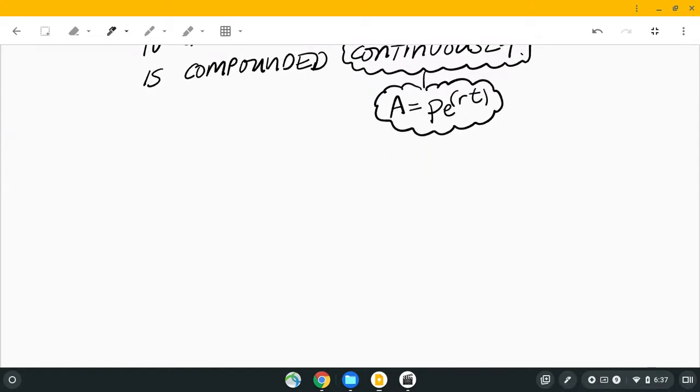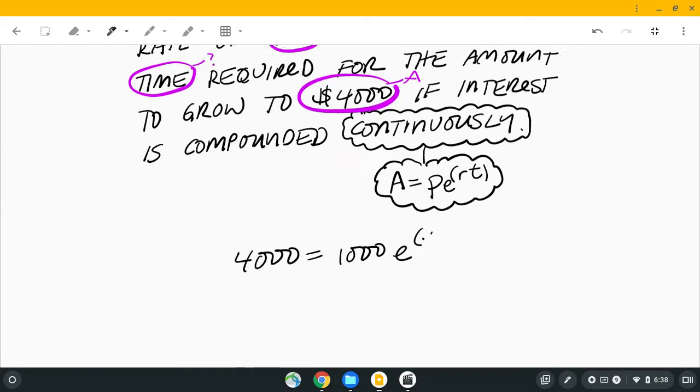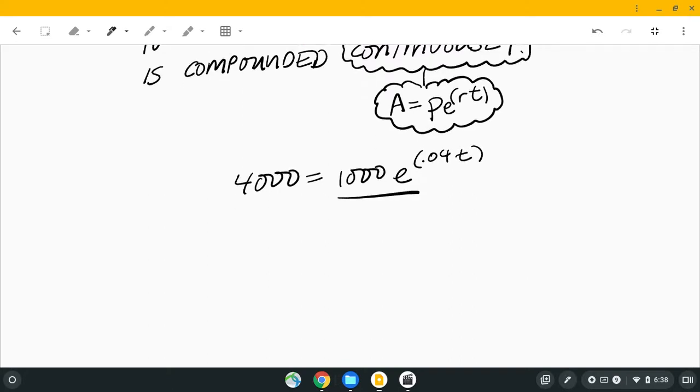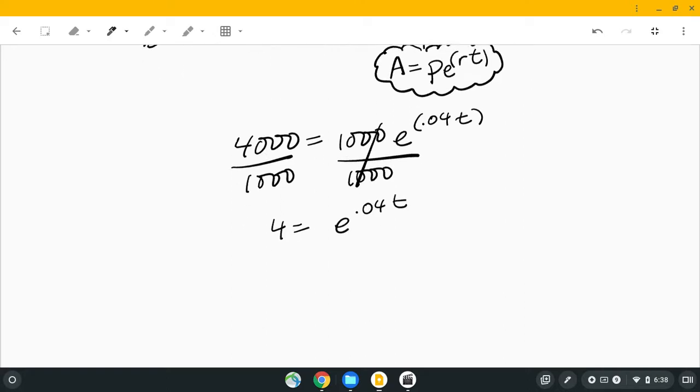If you solve this, then you should have gotten 34.66 years. If you didn't, then stick around and watch. So that is our final amount. Initial amount was 1,000. E to the 0.04t, and we're solving for t. Let's get the exponential by itself. Divide both sides by 1,000, and we get 4 equals e to the 0.04t.